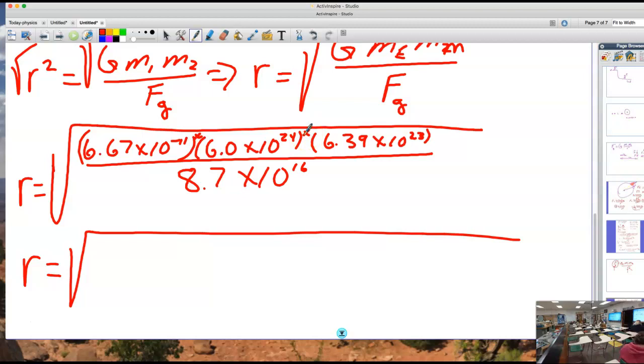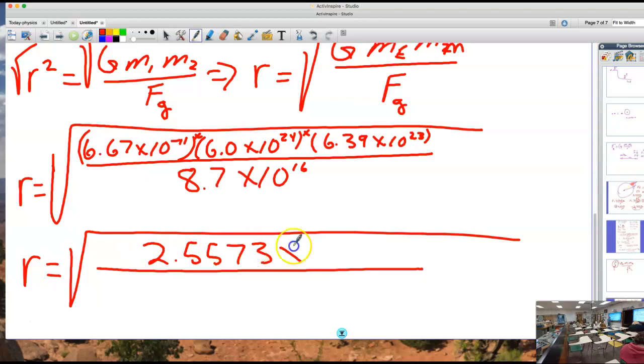What do we got? 2.5573 times 10 to the 38, over 8.7 times 10 to the 16th.